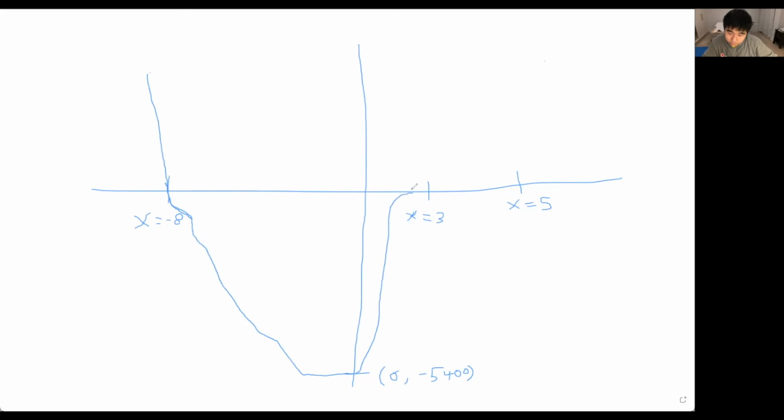Then it has to go through x equals 5. At x equals 5, the shape of the function is quadratic because the order is 2. So it's going to go down and look like a quadratic. So it finishes in quadrant 1 like that, but it started in quadrant 2.